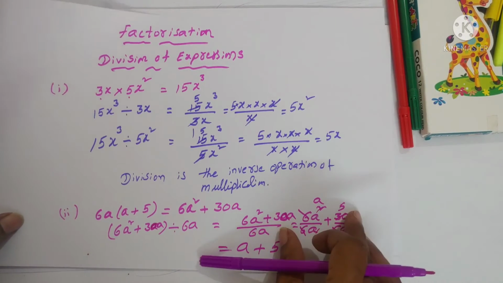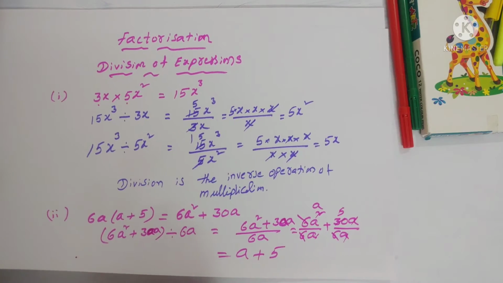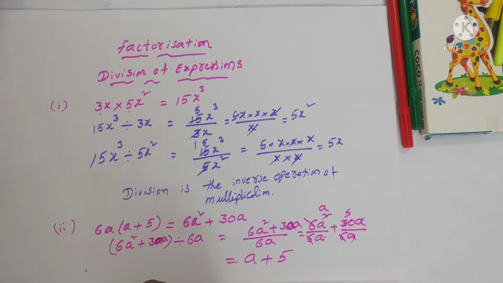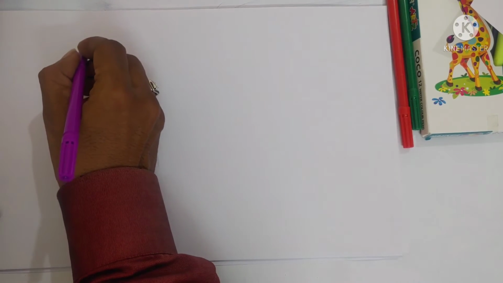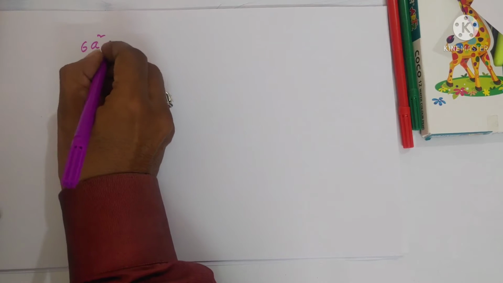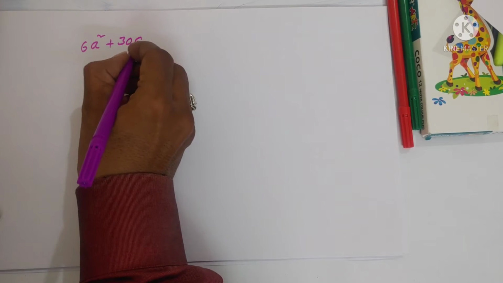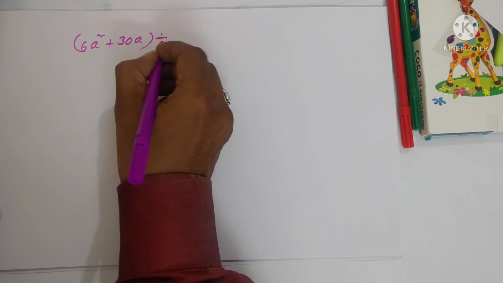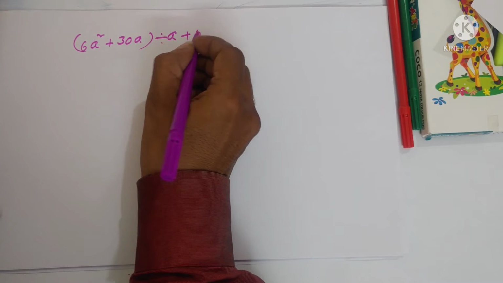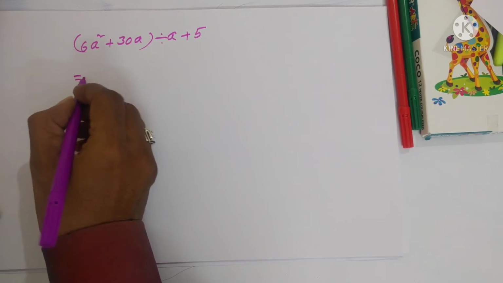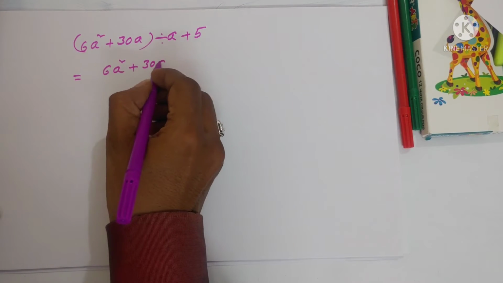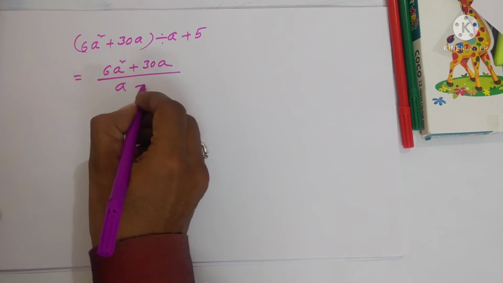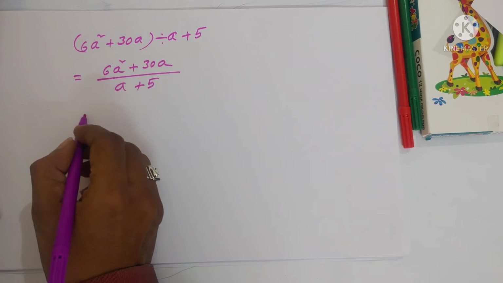Okay. So here, can you write the other division equation? Yes, we can easily write the other division equation. How? 6a square plus 30a divided by a plus 5. For this, again, you write it in fraction form, and then we get 6a square plus 30a.